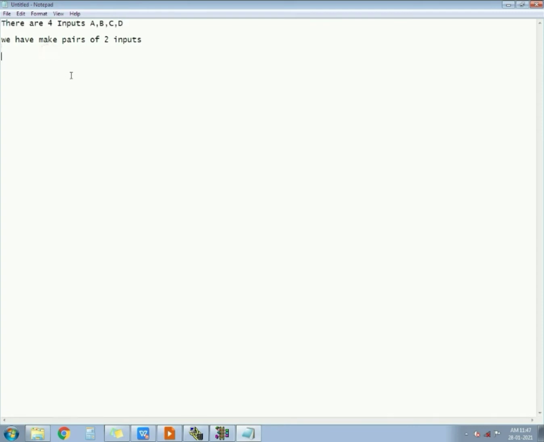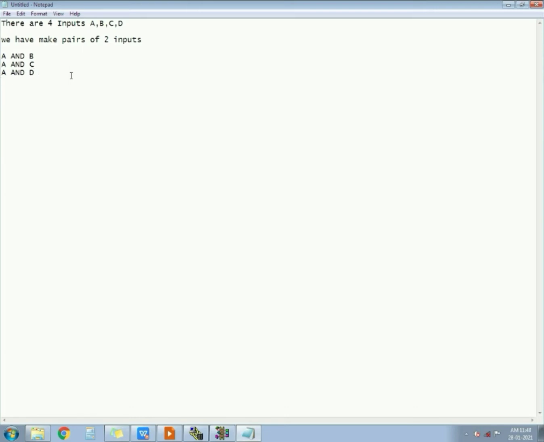So if A and B get on, or A and C, and A and D, these are 3 pairs.